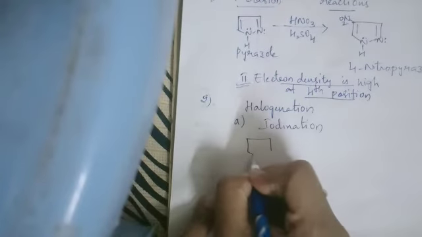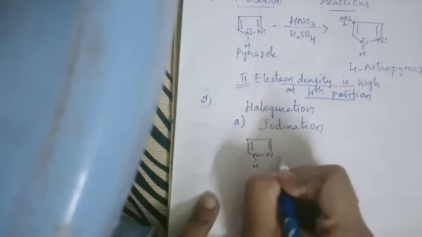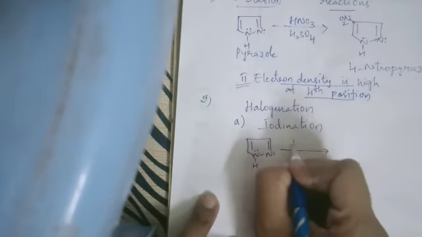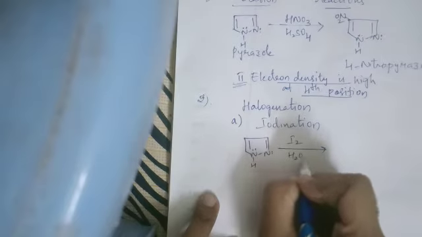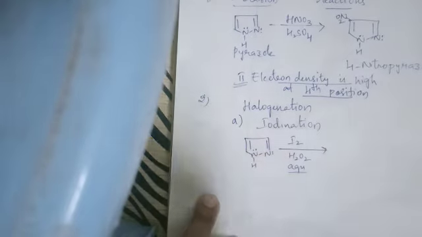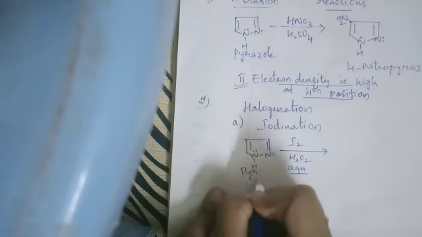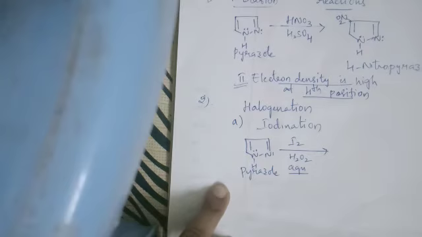Pyrazole reacts with iodine and aqueous hydrogen peroxide. This is the reagent. Pyrazole reacts with aqueous hydrogen peroxide in the presence of the iodine.